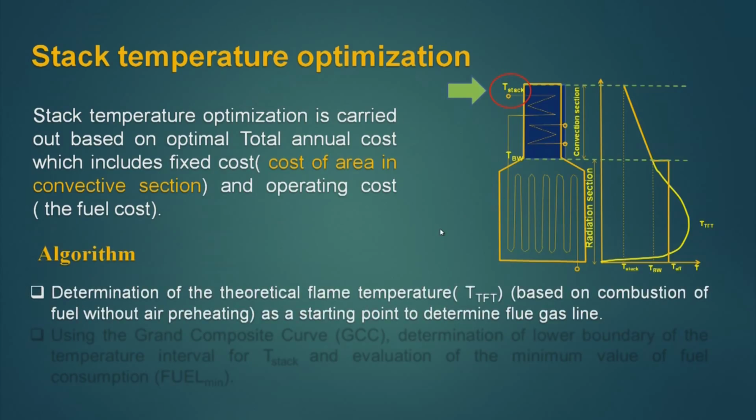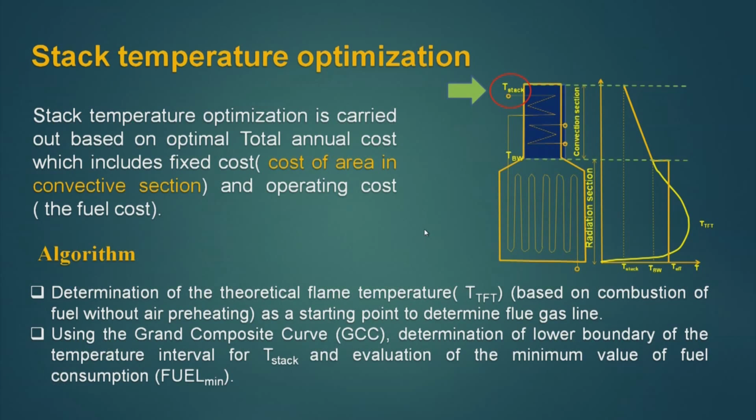So, what will be my algorithm? Determine the theoretical flame temperature. This I know, we have developed expressions to calculate this theoretical flame temperature based on combustion of the fuel without air preheating. As a starting point to determine the flue gas line, using the grand composite curve GCC, determine the lower boundary of the temperature interval of T_stack and evaluation of the minimum value of the fuel consumption.